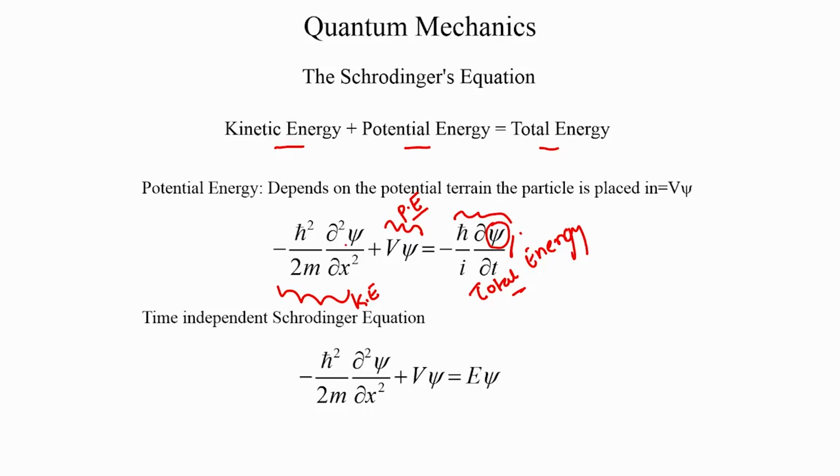For example, if we want wave functions or solutions that describe the stationary states, you can solve the time independent Schrodinger's equation, in which case the total energy is simply treated as a constant. So we lose the time derivative and we write Schrodinger's equation as the kinetic energy plus the potential energy is equal to the total energy.